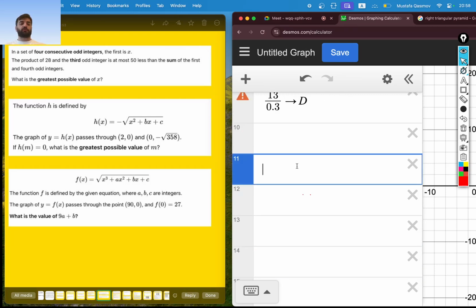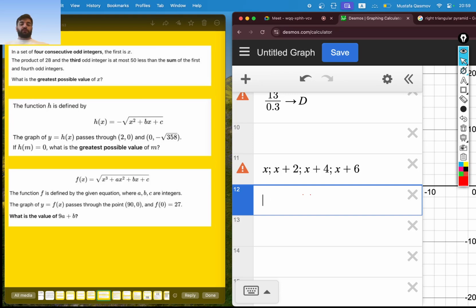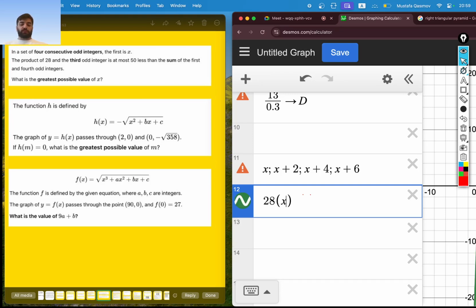In a set of 4 consecutive odd integers, let's say they are x, x plus 2, x plus 4, and x plus 6. The product of the second and third, 31 will be x plus 4. At most will be like that.